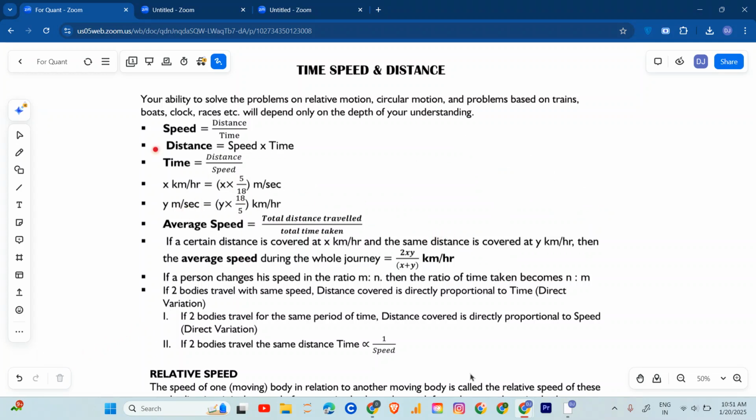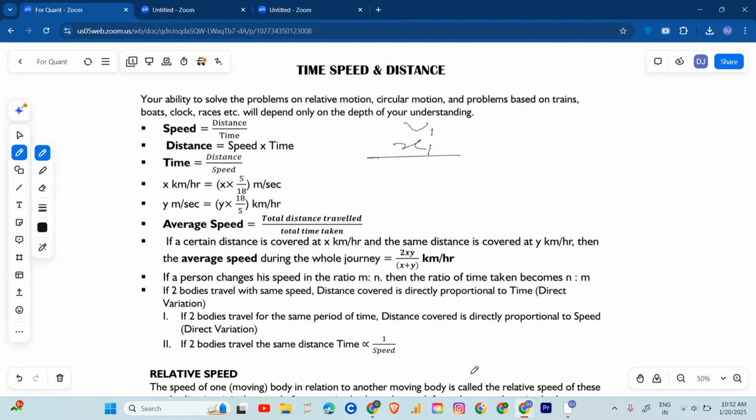So what is the average speed? Average speed is total distance traveled divided by total time taken. Let us understand this by example. Let's take the previous example. First the particle goes with distance travel x1 with speed v1.